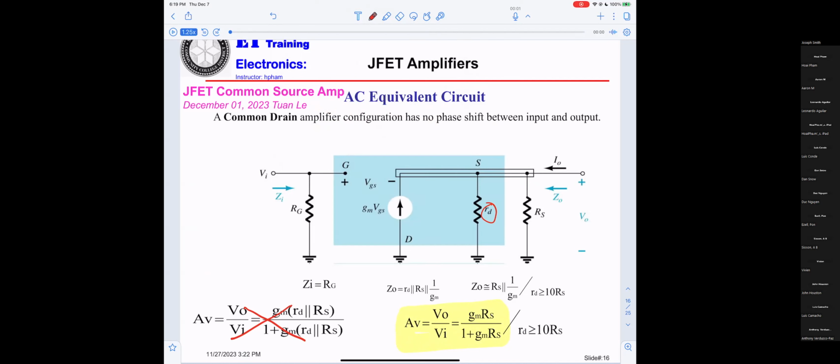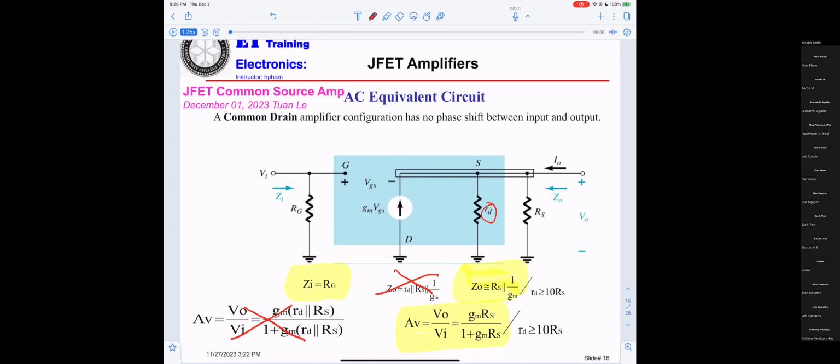And if you want the input impedance, that is the input impedance. If you want the output impedance, this is the formula. Not using this one, anything with small r d. We don't want to do it.